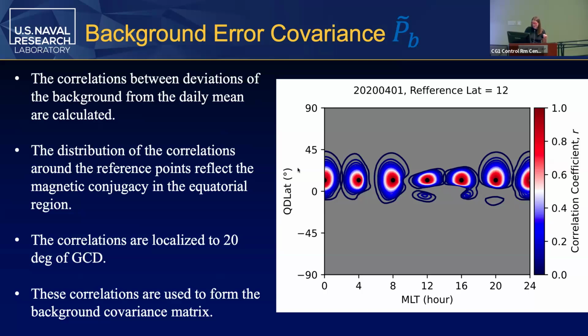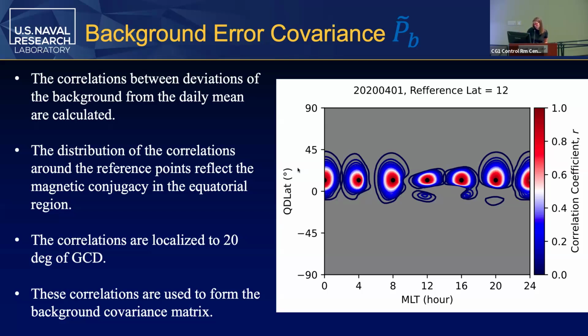For the covariance, we're using an ensemble of the different time frames for a particular day, but we do it in a more natural coordinate system for the ionosphere. We use magnetic local time, quasi-dipole latitude coordinate frame. And this is an example of how the covariance looks for the NMF2 parameter. The points are shown as reference points and how the correlation drops around those reference points.